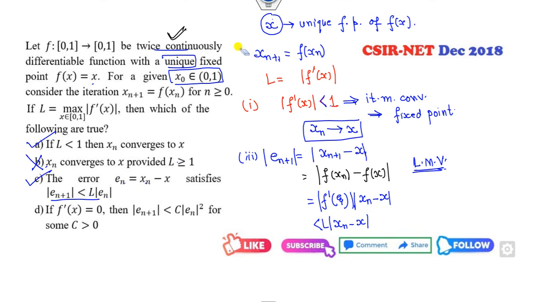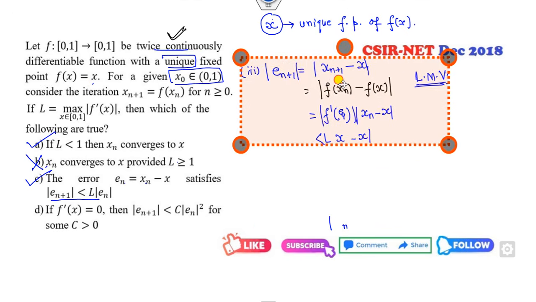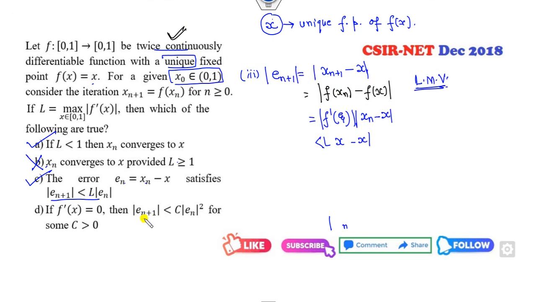Clear? Now look at the fourth option. The fourth option says if f dash x is 0, that means L is 0. No, it is not necessary that L is 0 because L is a maximum, but we need f dash x to be 0. Then again you have to find the error en plus 1.